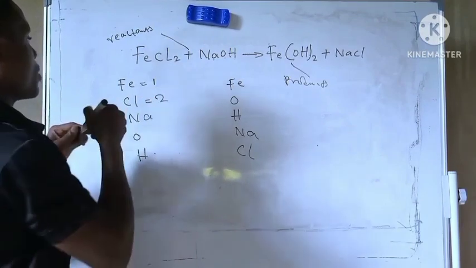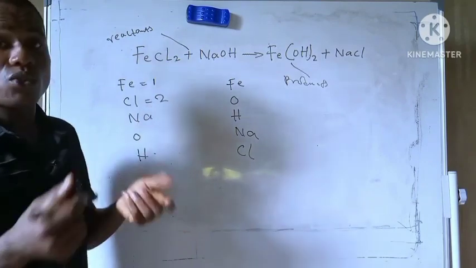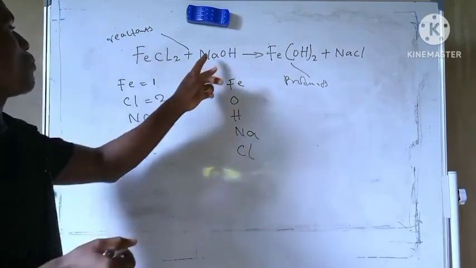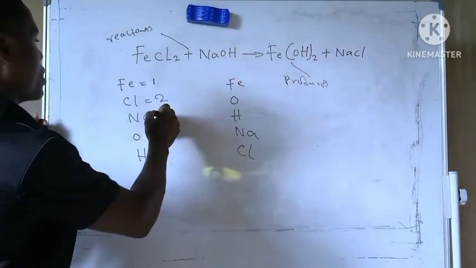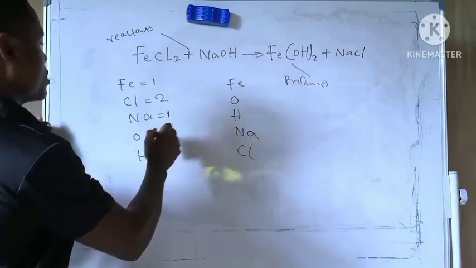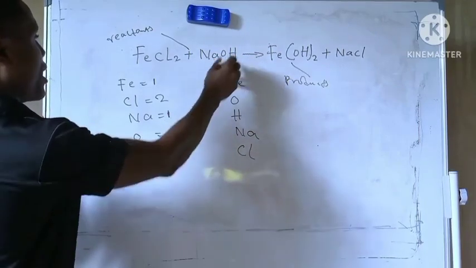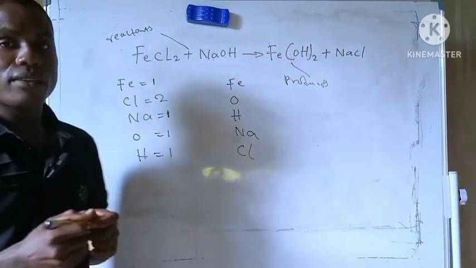Chlorine we have two, because one multiplied by two still gives two. The third one, sodium, is only one. Oxygen is only one. Hydrogen is only one.